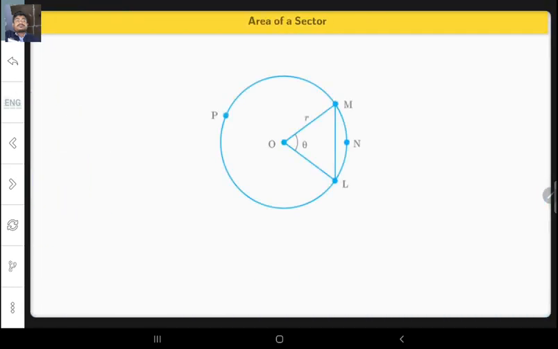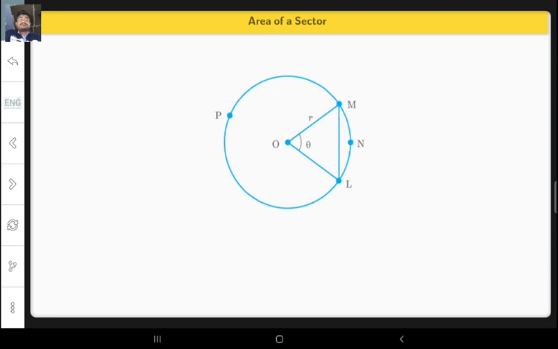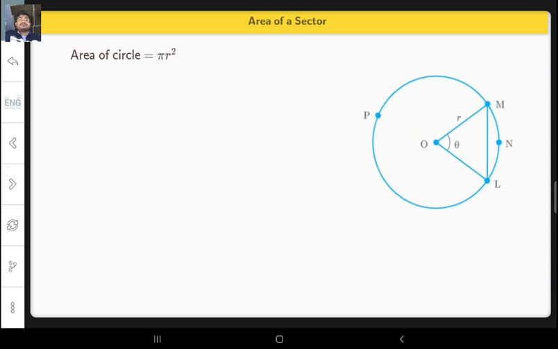Let us now try to find the area of a sector of a circle. Let us consider a circle with center O and radius r. Here, OLNM is a minor sector of the circle and angle LOM is equal to theta. The circle can be seen as an arc that subtends an angle of 360 degrees at the center O, and the area of the circle is pi r square.